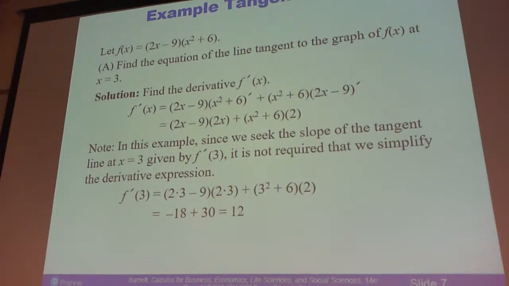So what we're learning here is how to take the derivative. They want to know the equation of the tangent line at x equals 3. So when you take the derivative, you're finding the slope, rate of change. You plug 3 into the derivative, you get 12. That means your slope is 12. At x is 3, the slope is 12. Okay? But the question said the equation of a line.